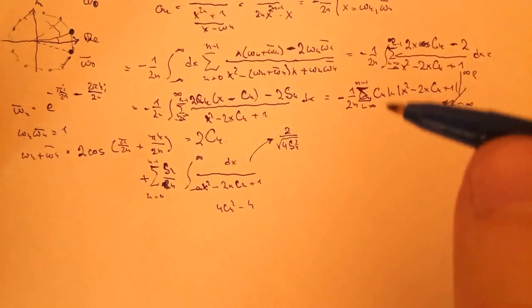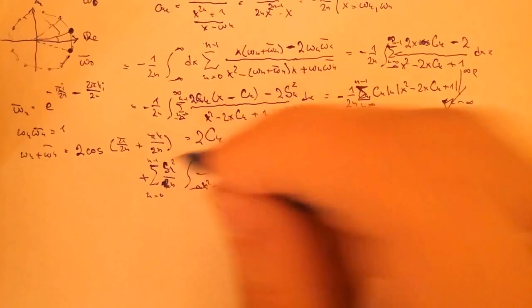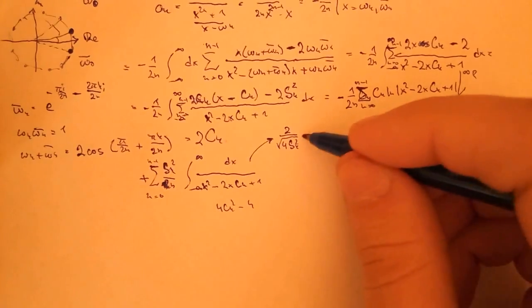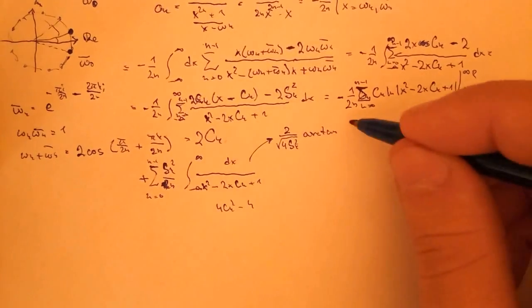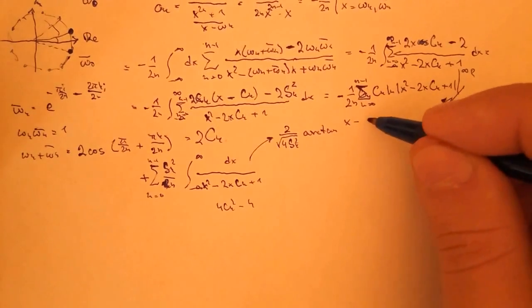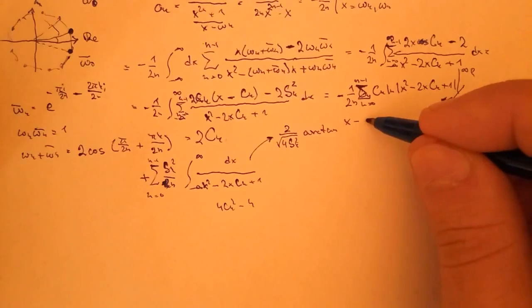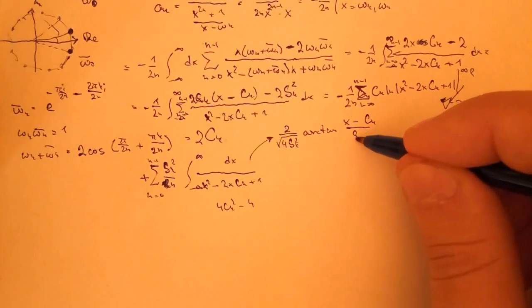I'm sorry, this should be squared, because there is a square, so this is squared and this is not. Arcus tangent of the derivative of this, which is x minus ck, but the 2 will cancel out, so this is sk.